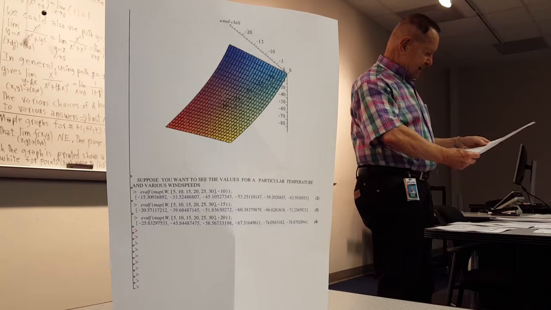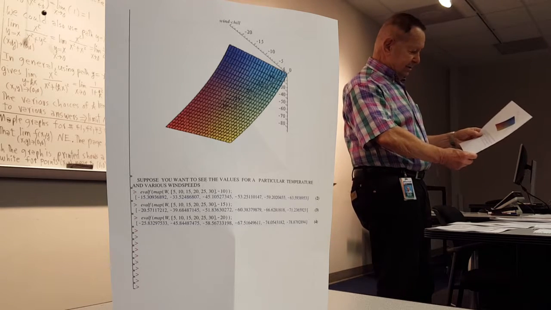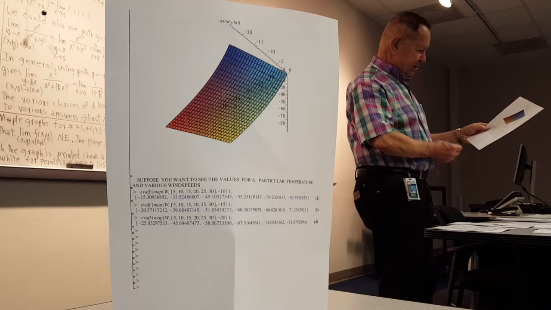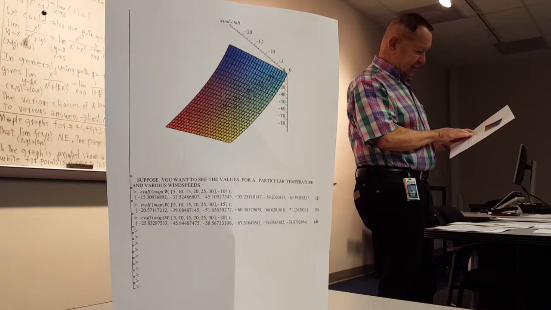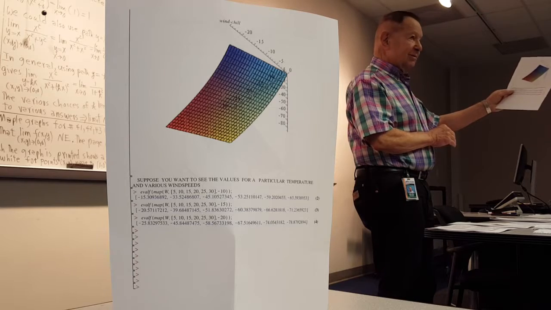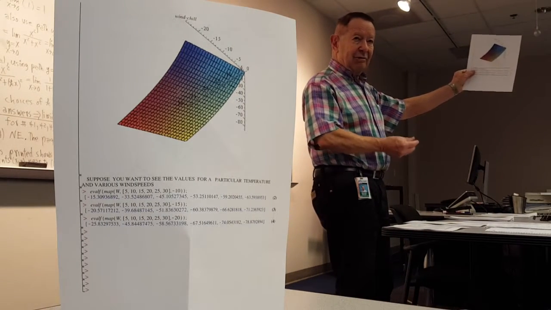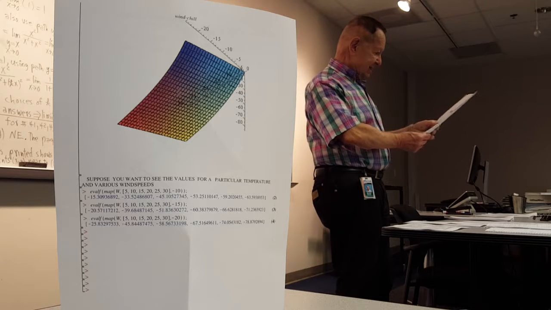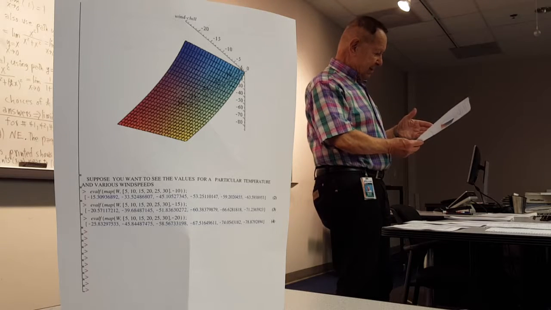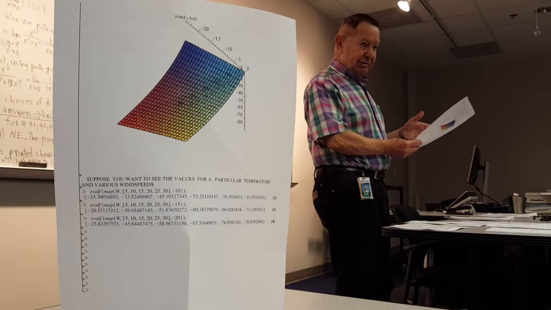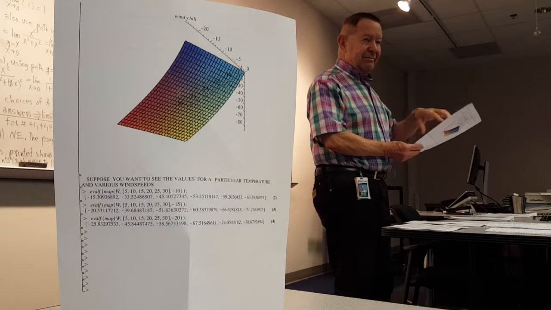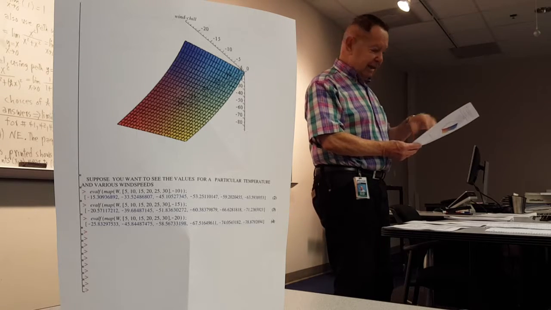And then if you want to see the values for a particular temperature and various wind speeds, you could do EVALF, which is floating point, which is decimals. Then map is the command that produces a function table.